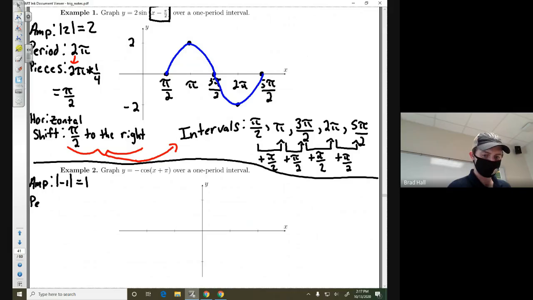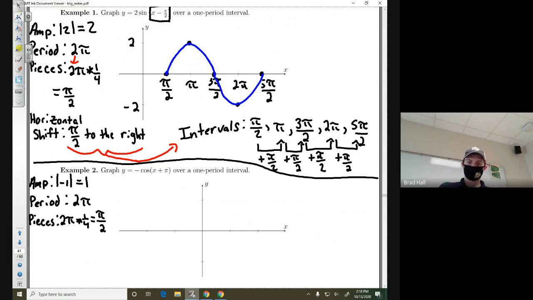And the period is 2 pi divided by whatever is multiplying x, but there's nothing multiplying x, so we just write 2 pi. The pieces are going to be the same as before, pi over 2, because the period's the same.